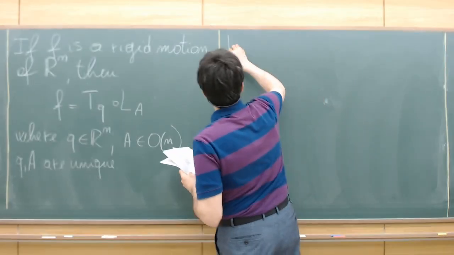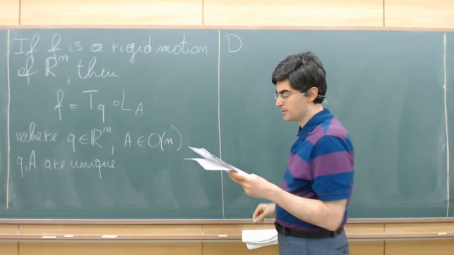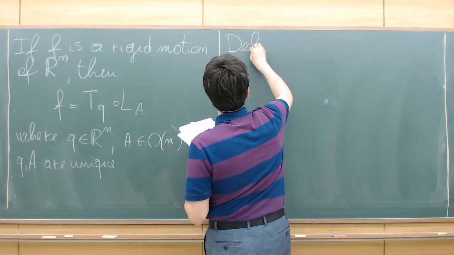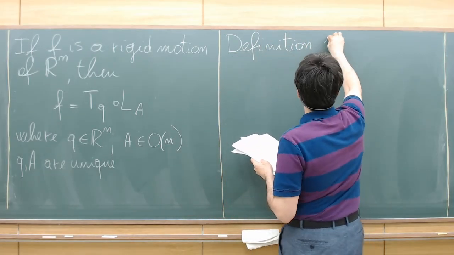Let's introduce the notion of proper and improper rigid motion. So we have Definition 1.60.